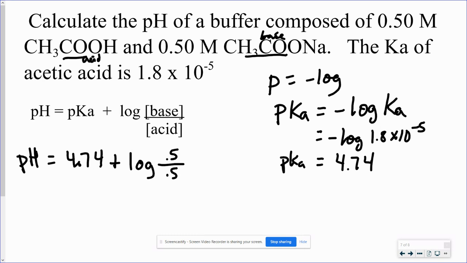So that's the log of 1, which is 0. So in this case, the pH equals 4.74, because that term just cancels out. For that buffer, when you have equal concentrations of the base and the acid, the pH will equal the pKa.